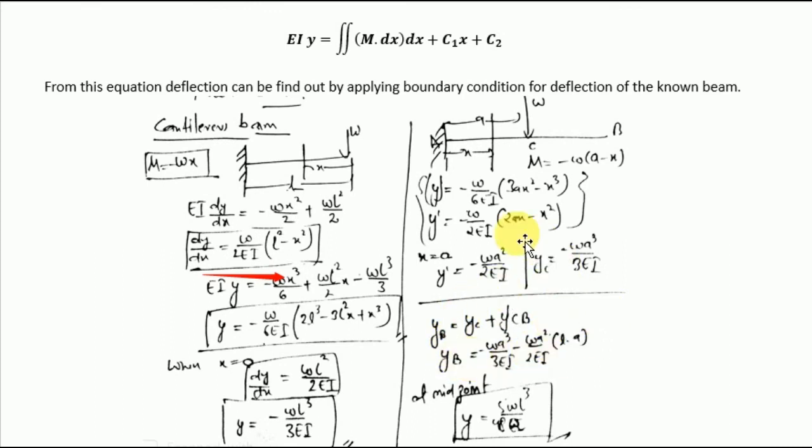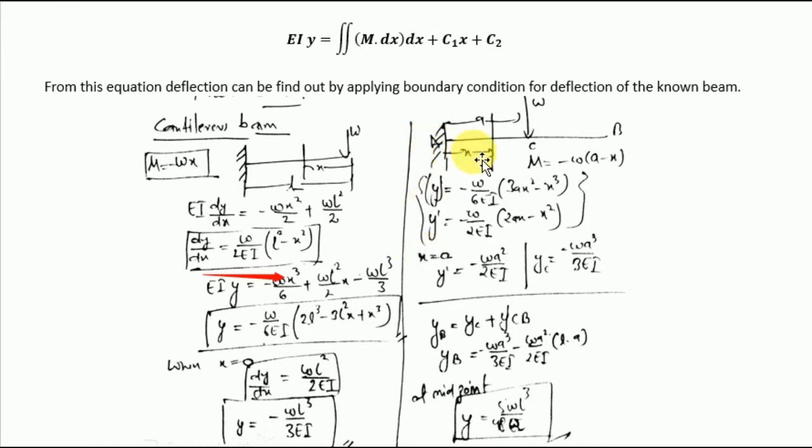As you can see, we analyze two different points, y dash and yc, by putting the value of x equal to a by cutting a section at x distance apart. Then we can easily find the deflection at point B. We can also find the deflection at point C, which depends upon the limit of x.